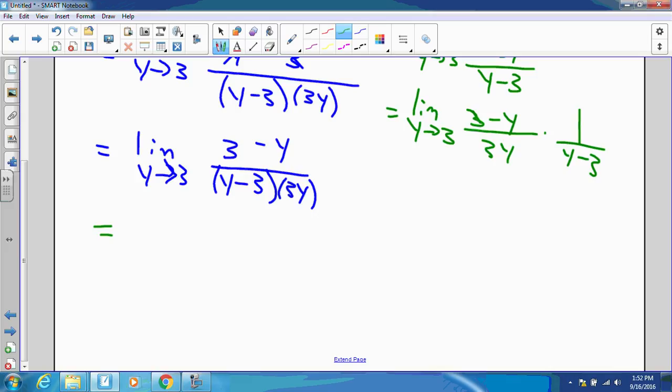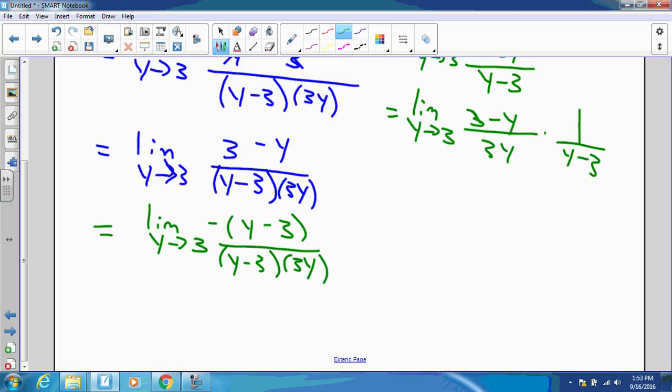Where's my factor of y minus 3? 3 minus y is the same as negative 1 times y minus 3. Yes, that's right. And now my common factor cancels. I let y go to 3, and I get negative 1 over 9, and we're done.